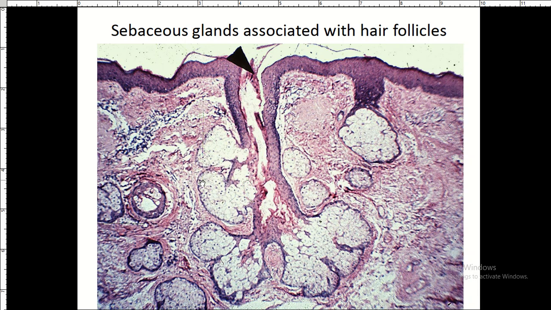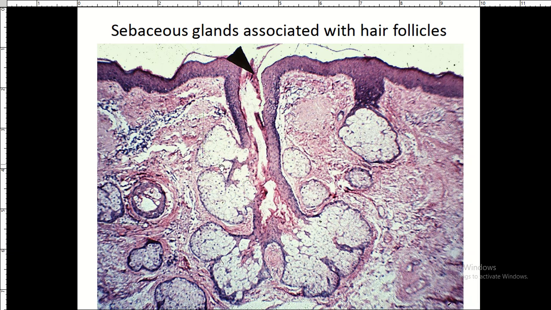The sebaceous glands are mainly associated with the hair follicle, right? So they'll be draining into the hair follicle. But in some cases, they drain directly to the surface, for example, in areas like the glans penis, the lips, the clitoris. They just drain directly onto the epidermis, right?